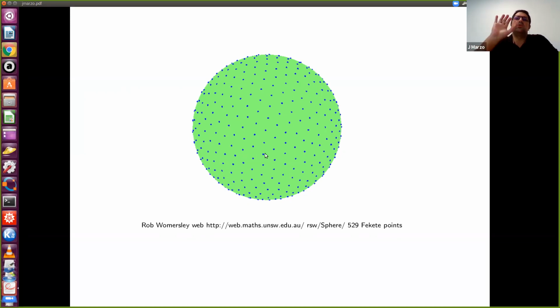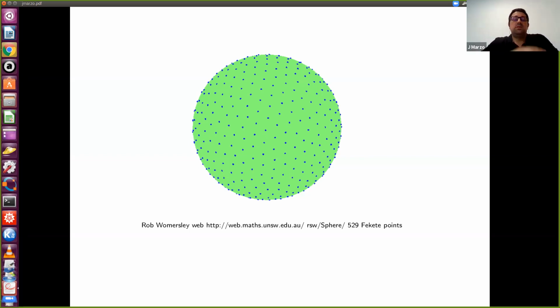Of course, this is just one side of the sphere S2, but you can imagine the rest. This is almost a triangular lattice, so it's a very nice family of points on the sphere. Very difficult to compute, but very nice.